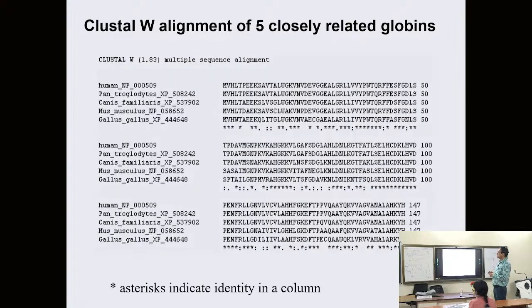And here is an example of 5 closely related globins, and you can see a very good conservation. There are many positions with complete conservation, and I don't see any gaps. These are beta globins from human, chimpanzee, dog, mouse, and chicken. Okay, highly conserved. You can see this.